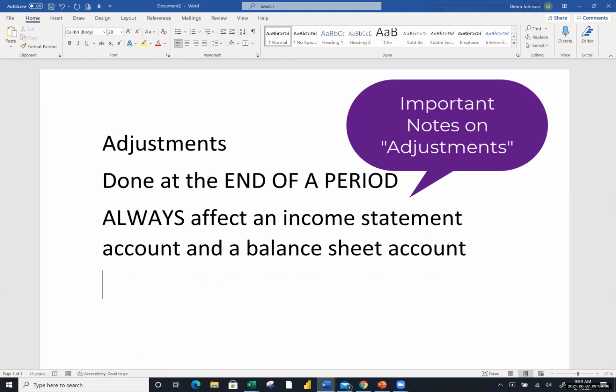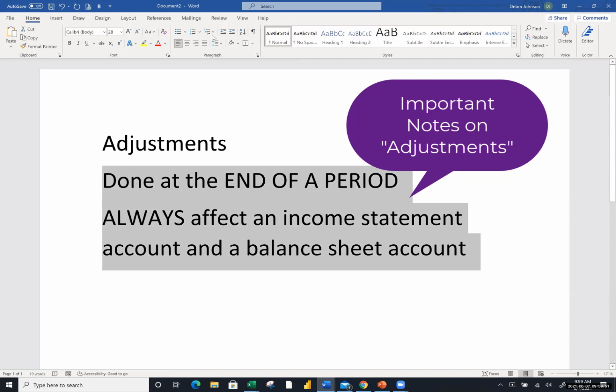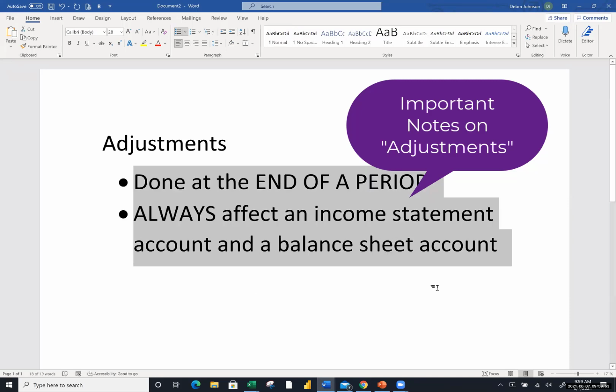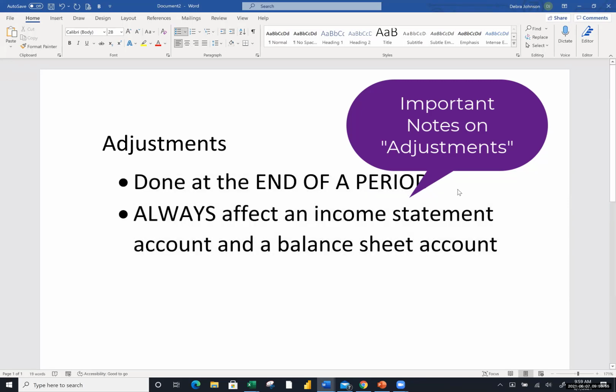The reason that's important is that each one of these adjustments affects an income statement account and a balance sheet account. If you mess it up, all 3 financial statements are wrong. Let me put some bullets on here so these are a little bit easier to read. So they're done at the end of a period. They always affect an income statement account and a balance sheet account.